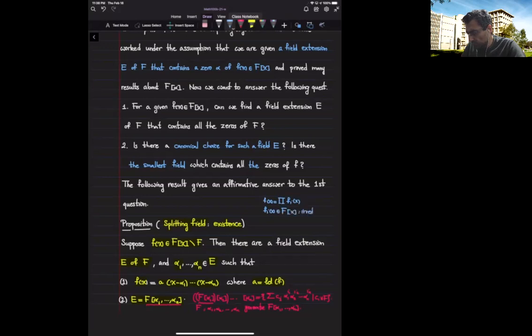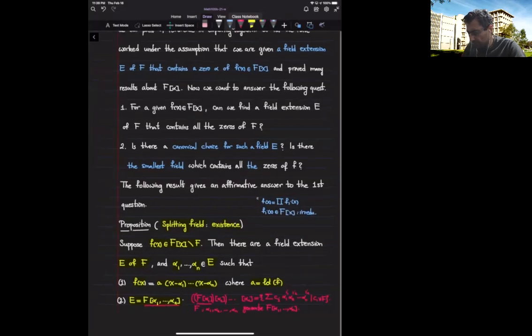Now, if I can find some field extension over which these irreducible factors can be written as a product of degree 1 factors, then as a result we can write f as a product of such factors.